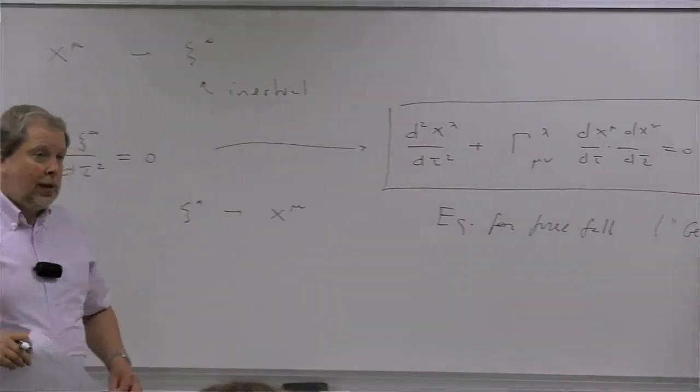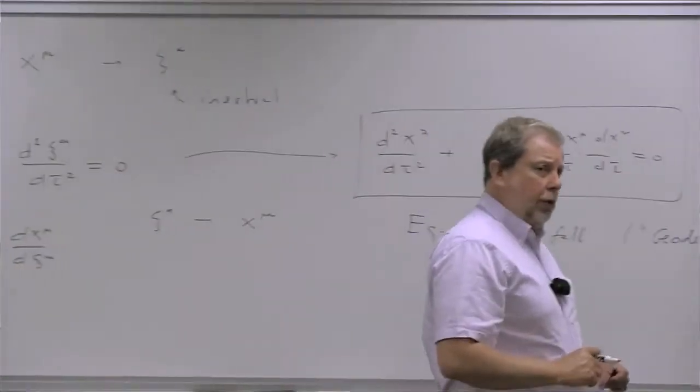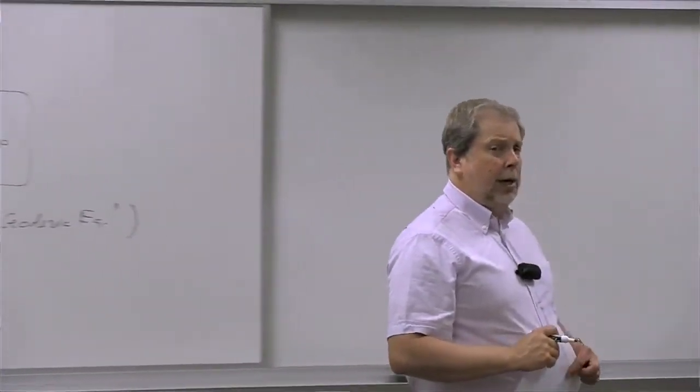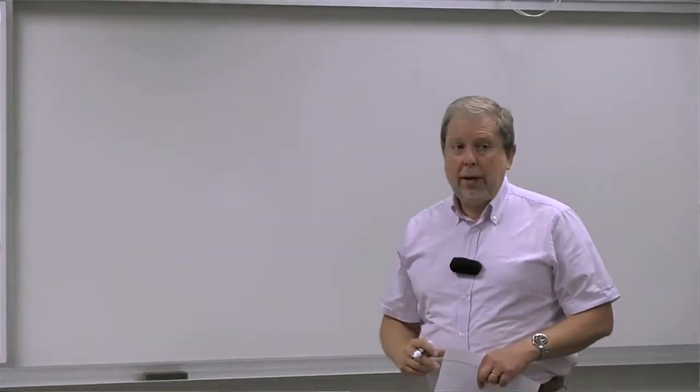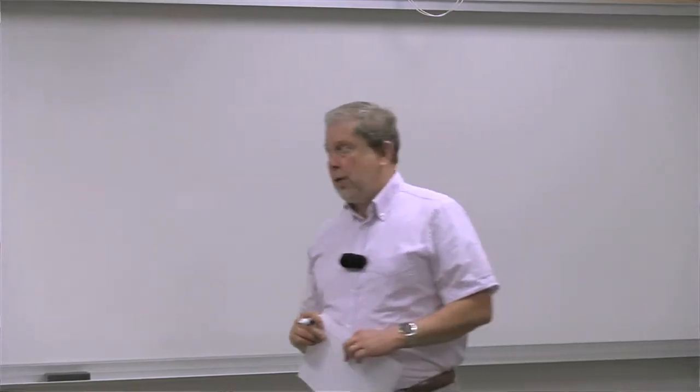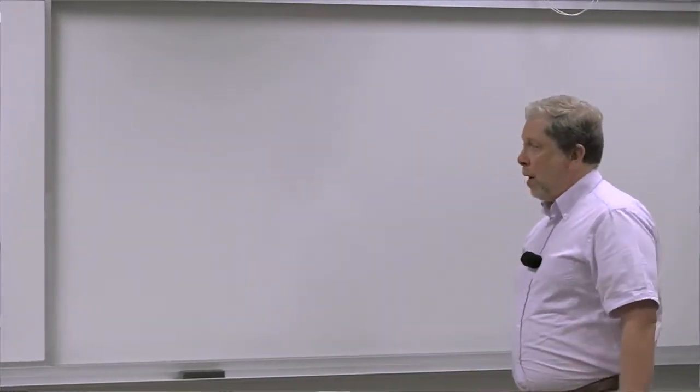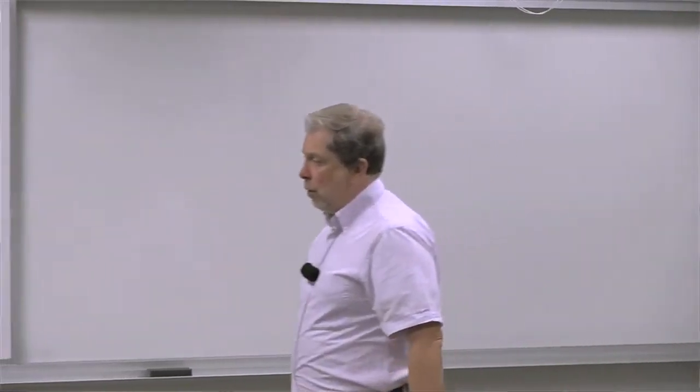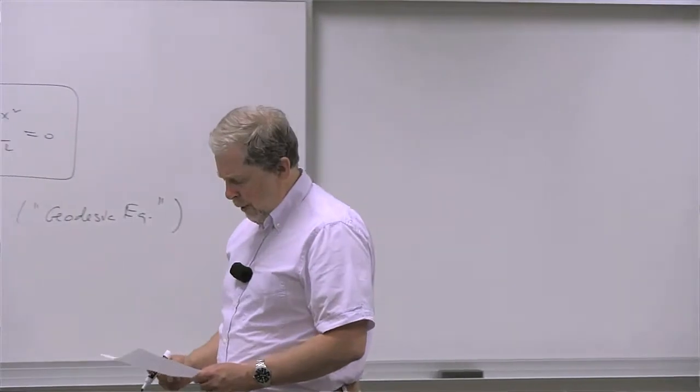And so at this stage, it's not clear that this equation really is necessarily useful, because we just obtained it by transforming from one coordinate system to another. And the gamma, the affine connection, is given by some derivatives of one set of coordinates with respect to another set of coordinates.